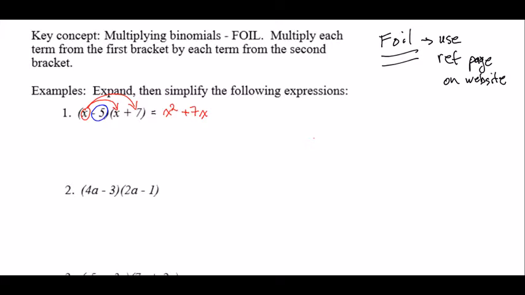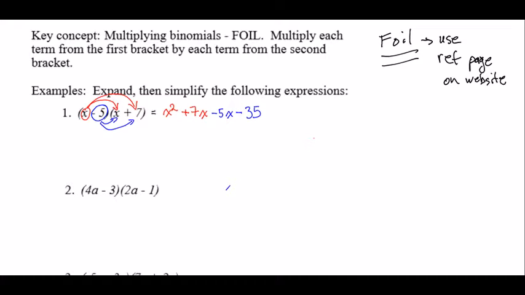It's going to be minus 5 or plus 5 or whatever is the second variable in that bracket. The plus 5 is going to be applied to everything inside the bracket. So now we're going to get negative 5 times x gives us negative 5x. Negative 5 times 7 is going to be negative 35.